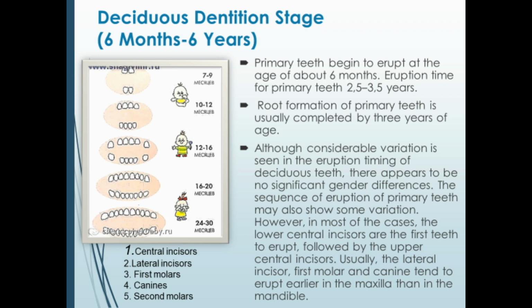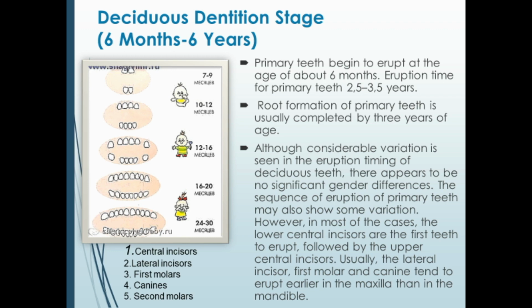Deciduous dentition stage, from 6 months till 6 years. The deciduous dentition stage spans from the time of eruption of primary teeth until the eruption of the first permanent tooth around 6 years of age. Eruption chronology of primary teeth: eruption of the primary teeth begins from 6 months of age when primary mandibular incisors erupt into the oral cavity.